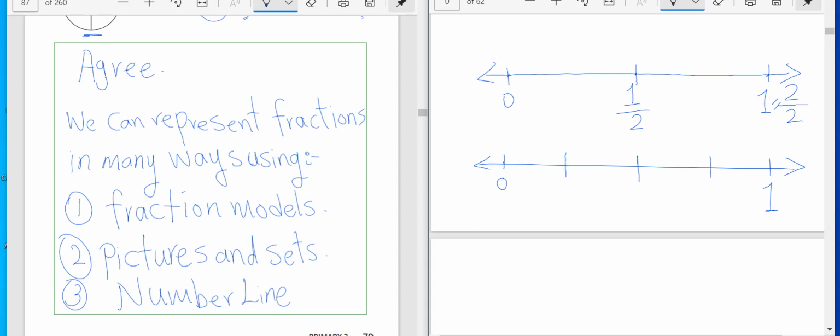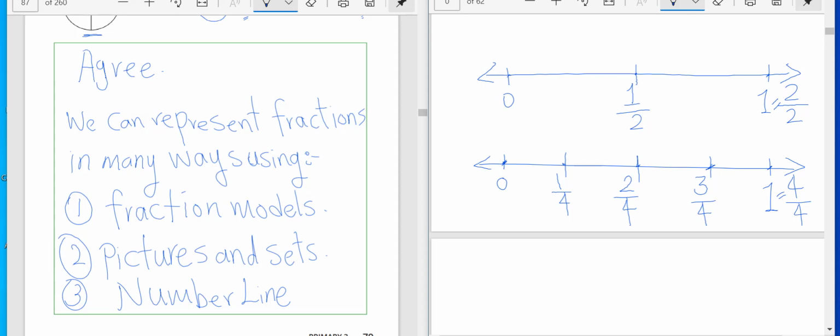From 0 to this point, we have 1 fourth. And from 0 to this point, we move 2 fourths. Then from 0 to this point, we move 3 fourths. And from 0 to 1, we move 4 fourths. So 1 equals 4 fourths.